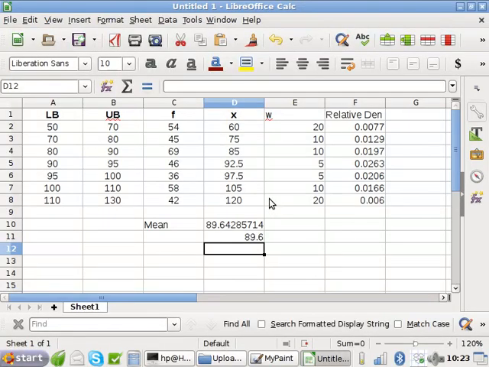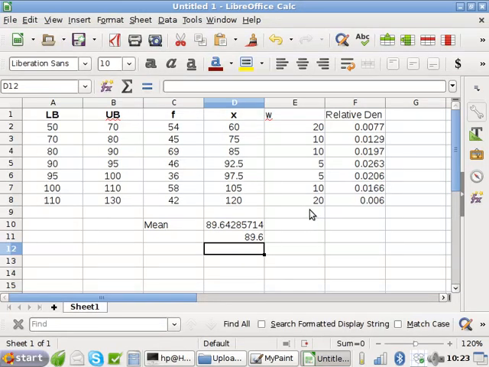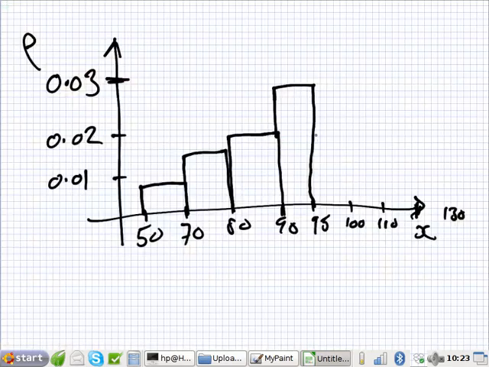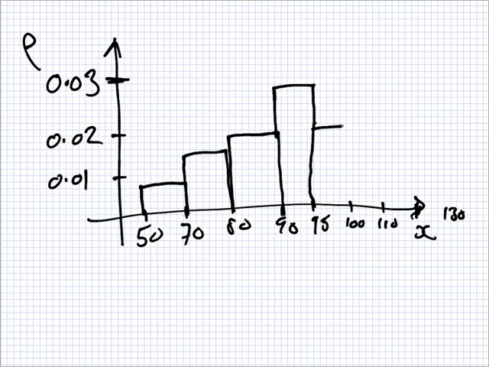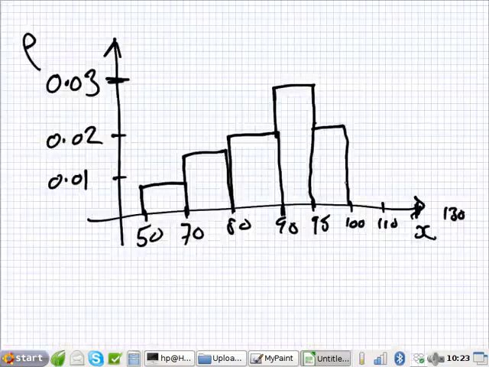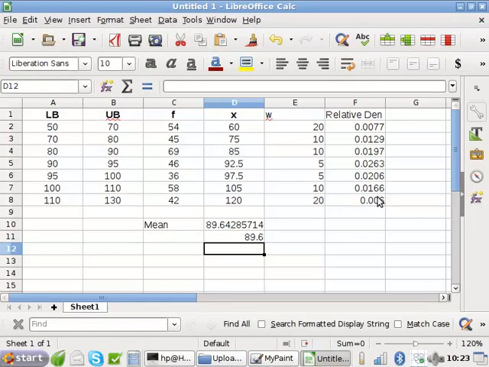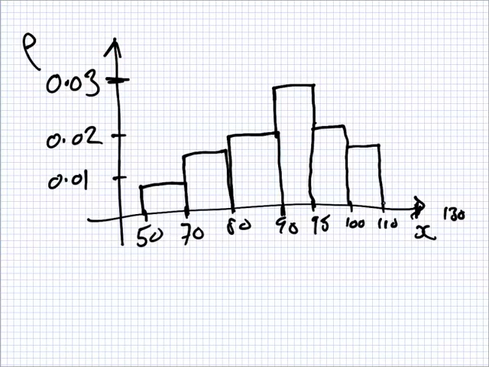Then the next one is 0.0263. That would be up to here. And then 0.0206 for the next one. And then 0.0166. Now look, we have a nice bell shape here, and the last one is nearly 0.